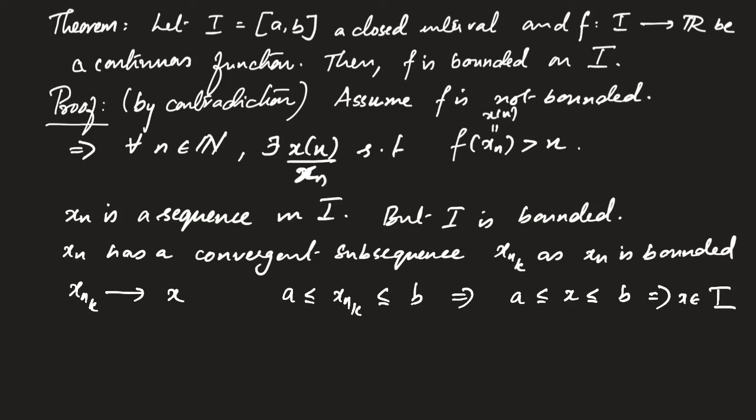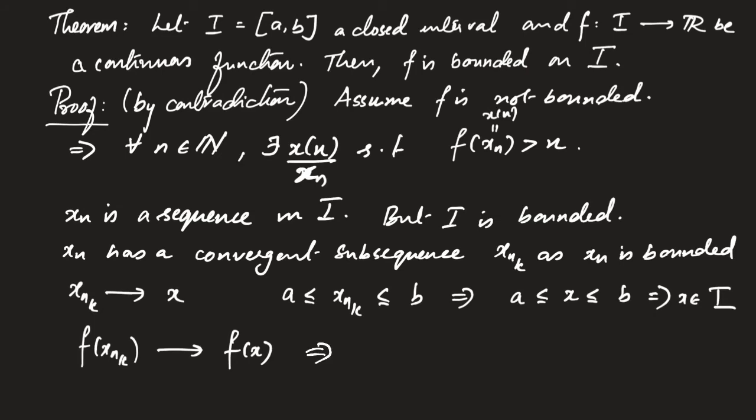Okay, so what can we do? Because x belongs to I, we know that f(x_{n_k}) converges to f(x). Why? Because f is continuous. But if f(x_{n_k}) converges, that means that f(x_{n_k}) has to be bounded.